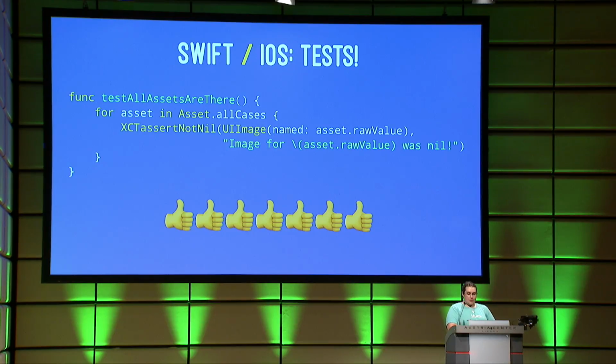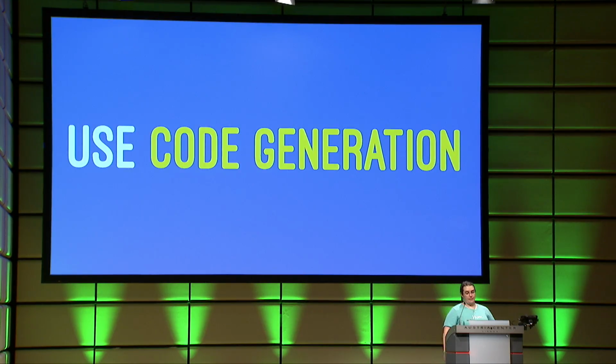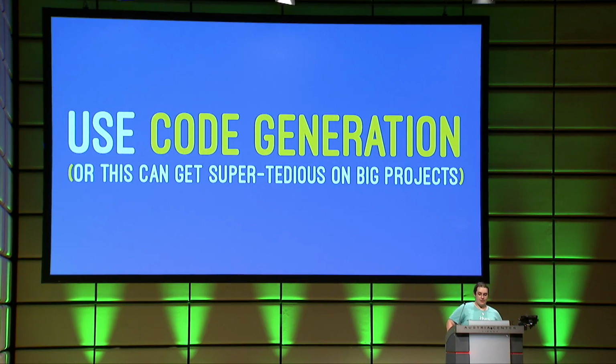So if you want to do this, or anything which can be generated from an existing file or set of folders, I really recommend that you use code generation. This metaprogramming stuff is really helpful because if you have a spelling inaccuracy, it's the same inaccuracy everywhere. But it's also mostly because keeping these sorts of enums up to date can get really annoying as your project gets bigger and bigger.